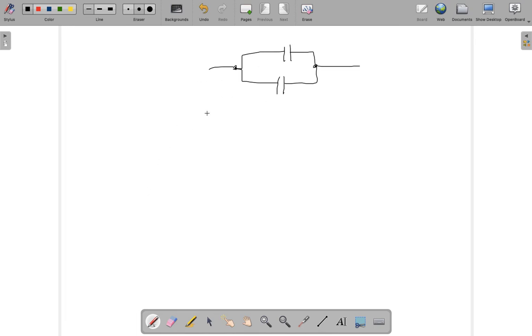If you want to calculate the total capacitance for these capacitors in parallel, let's say this has a capacitance of C1, this has a capacitance of C2. It's going to be just the sum of the capacitors that are in parallel, and so on.